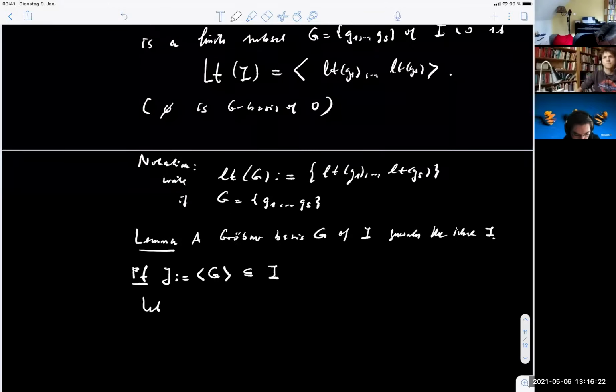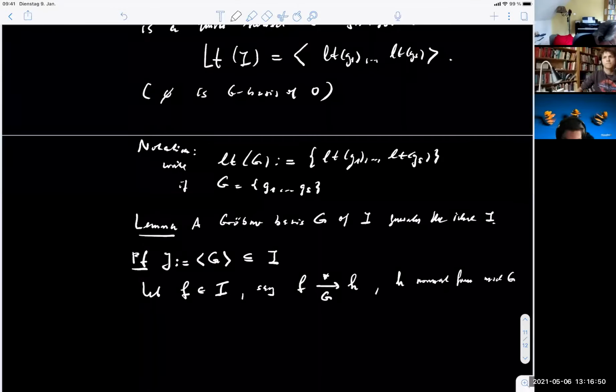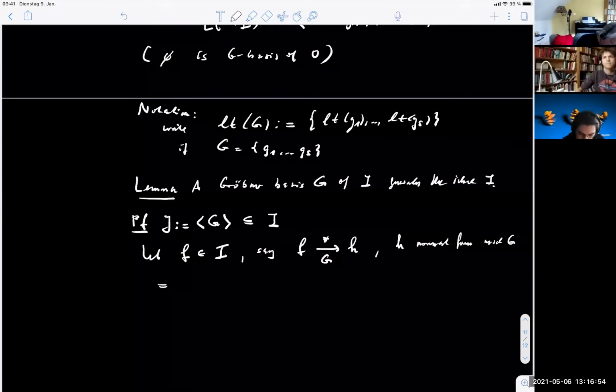So let F be in I. I reduce to normal form: F reduces to H modulo G, and H is a normal form mod G. Then F is congruent to H modulo the ideal generated by G, which is J. So H is in J, and also in I. Now I have replaced F in I by a normal form in I. I want to prove that this H must be 0. Then I'm done.